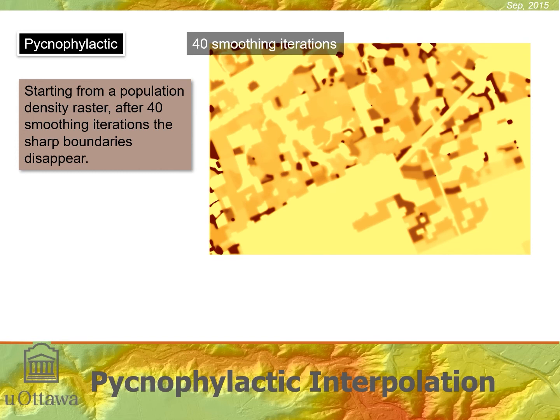Now you see how areas like this become much more soft in terms of their boundaries. There's no longer sharp boundaries anywhere. And of course, you can go even more iterations if you want. There's no right or wrong answer as to how smooth you should go.